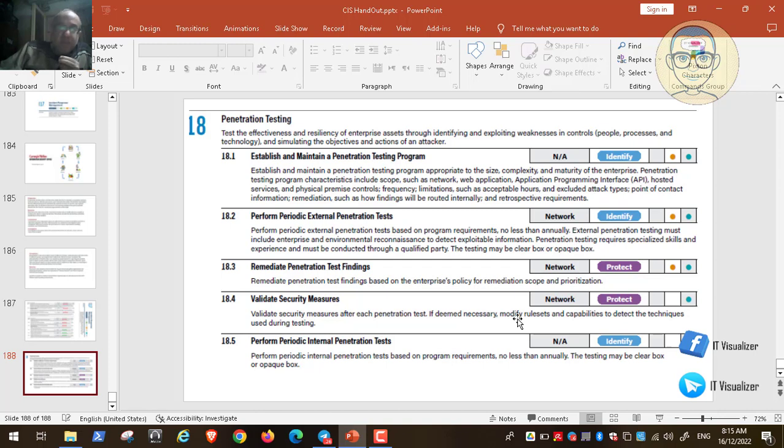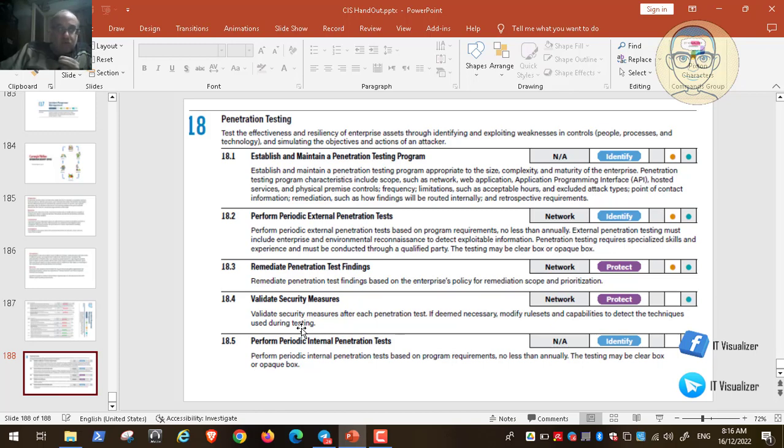We should repeat the penetration test and see if it will succeed after fixing the vulnerability. Okay, so modify rule sets and capabilities to detect the techniques used during testing. So this is why penetration testing is done, to validate our security measures and to rectify them or to edit them or to correct them.